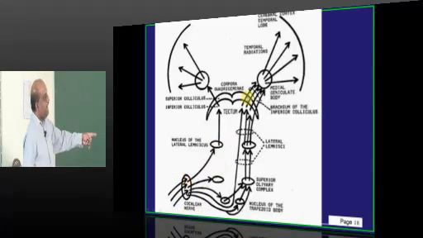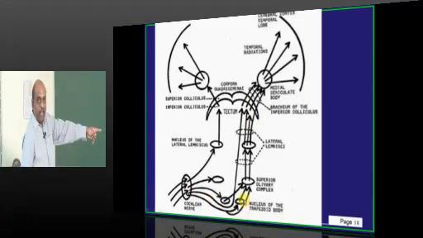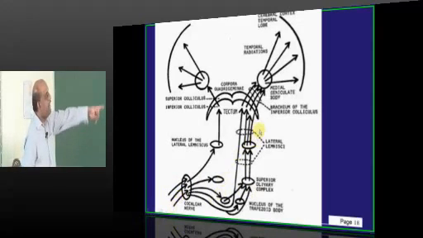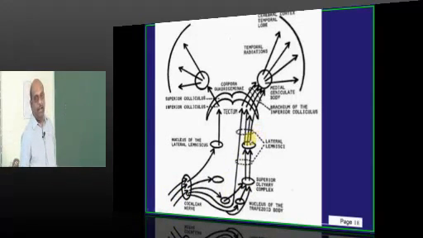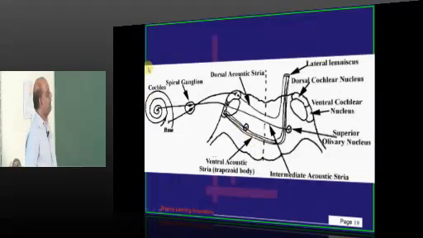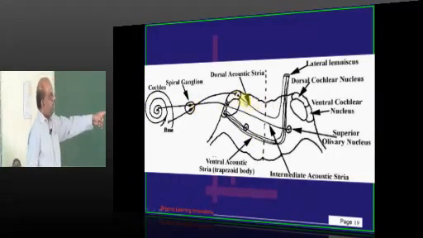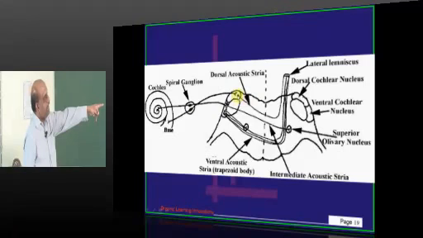Dorsal is directly communicating to the contralateral lateral lemniscus, but ventral is decussating and forming the nucleus of the trapezoid body and communicating to the opposite and also ipsilateral superior olivary nuclei, and additionally it is sending fibers to the contralateral lateral lemniscus. Once more, this is the dorsal cochlear nucleus.